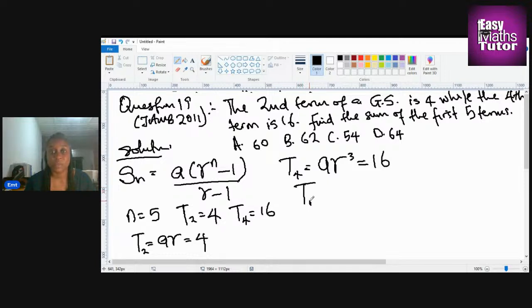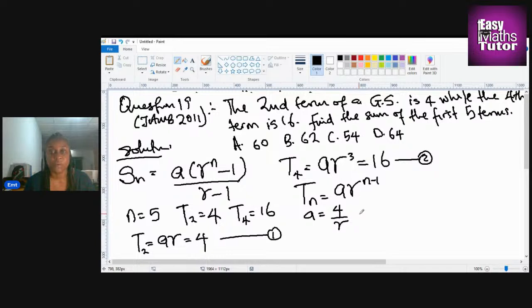Remembering that the nth term is a r raised to power n minus 1. Call this equation 1 and this equation 2. From equation 1, a is equal to 4 over r.